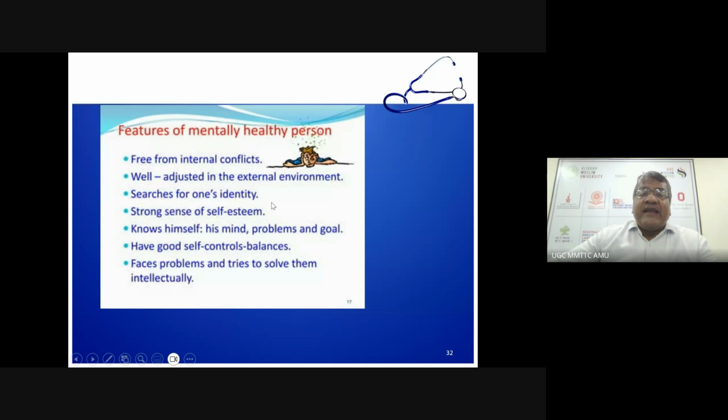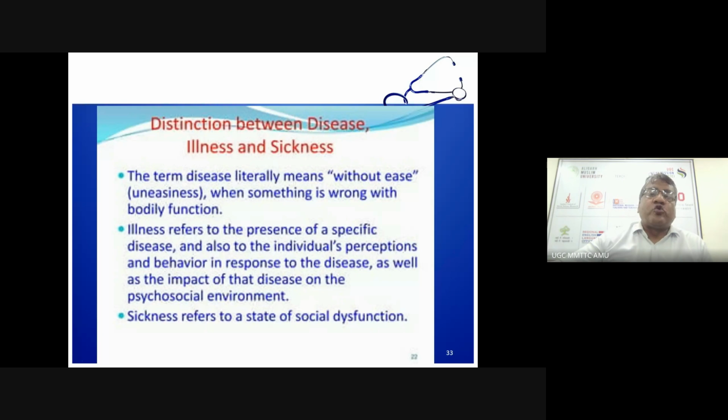Well adjusted in the external environment, searches for one's identity, strong sense of self-esteem, knows himself, his mind, problems and goals, having good self-control, faces problems and tries to solve them intellectually. If all of these features are present in a person, he is considered to be healthy.